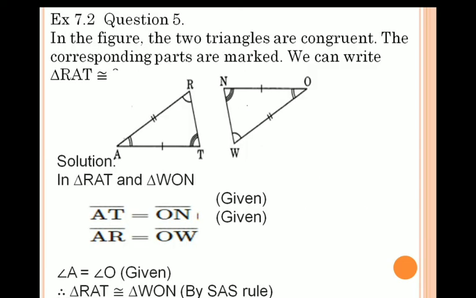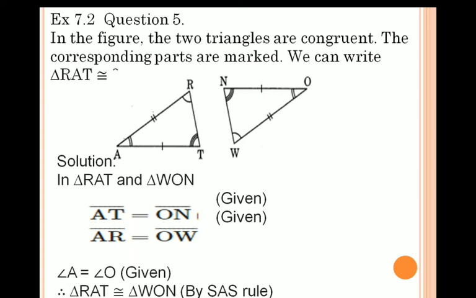Now in this session we are going to study question number 5. In the figure, the two triangles are congruent. The corresponding parts are marked. So we can write triangle RAT congruent to triangle WON.